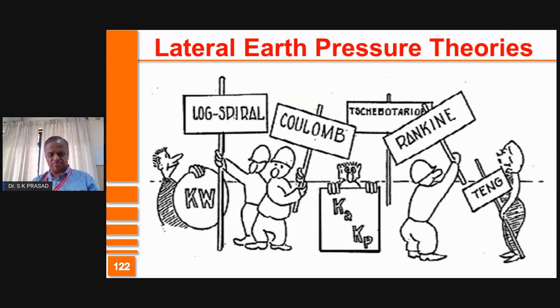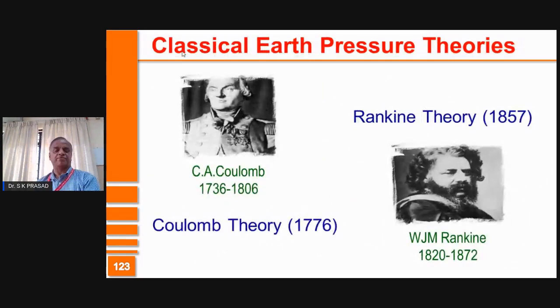There is some difference in the assumption between the two, and Rankine theory is more convenient, more popular, and easy to adopt. So the objective here is to compute the lateral earth pressure under different situations. There are many others who worked on it, but at this point of time, focus is on lateral earth pressure by Rankine and Coulomb's theory.